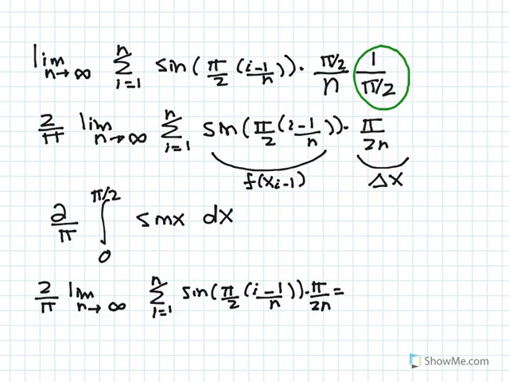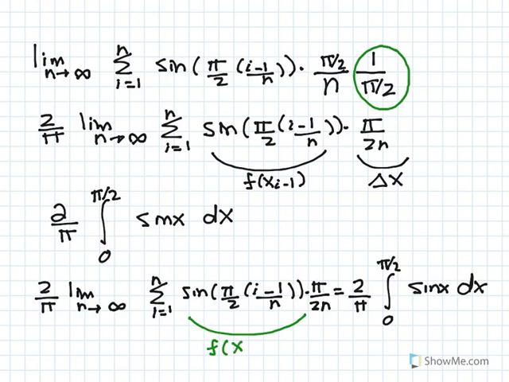And we transform this into the definite integral 2 over pi, 0 to pi over 2, sine x dx. So this part here is f of x_{i-1}, and we developed the real delta x, which is pi over 2n. This is delta x, this here is the function f of x, and this is dx.